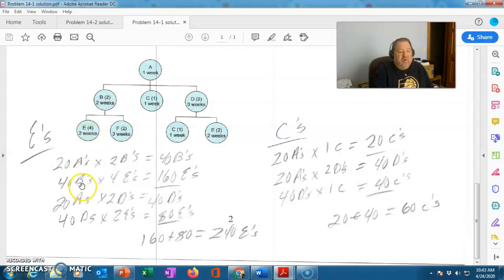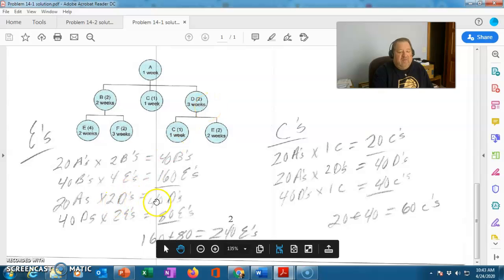So if we take the 40 B's times 4 E's, we need 160 E's for that part, and then 20 A's times 2 D's means we've got 40 D's, and 40 D's that each contain 2 E's mean we've got another 80 E's there. So if we add the 160 plus the 80, we'll need 240 E's.